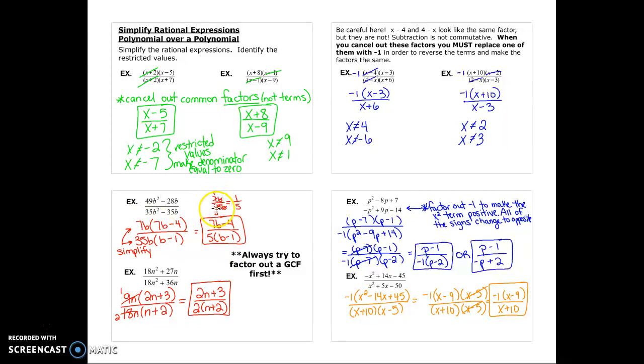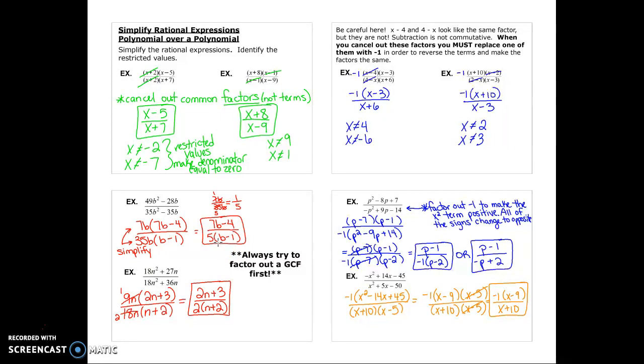So, again, 7 divided by 35 gives you a 1/5 technically, and your b's completely cancel. So in my numerator, this whole 7b is gone. I'm just left with 7b minus 4. In the denominator, I have a 5 left over, and the original b minus 1.